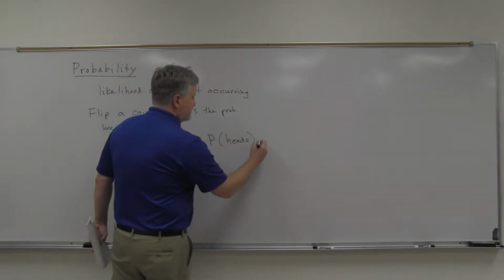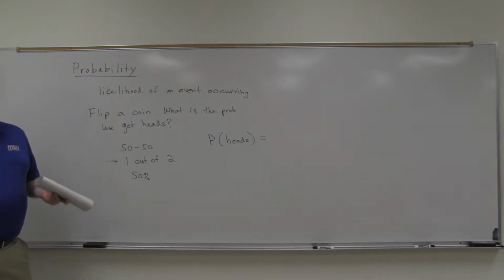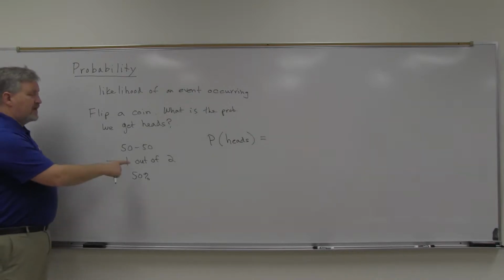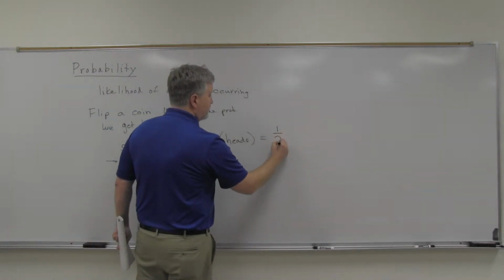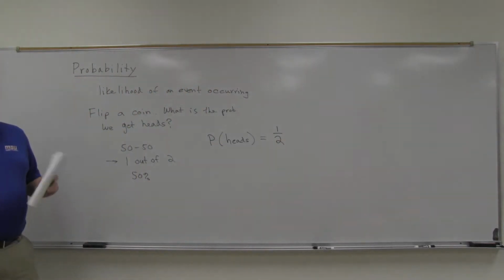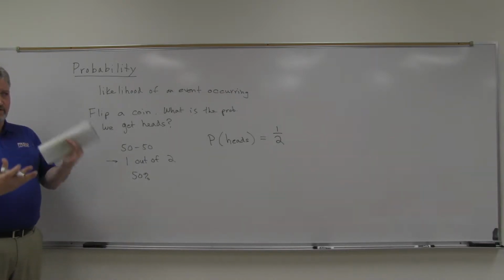So probability of heads, we could represent this way. And usually the way we'll typically write it is using a fraction. So 1 out of 2, that's a pretty good indication that the probability of getting heads is 1/2.